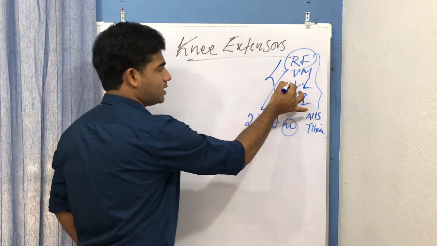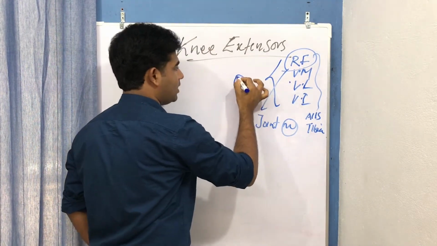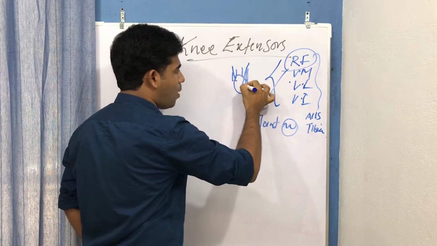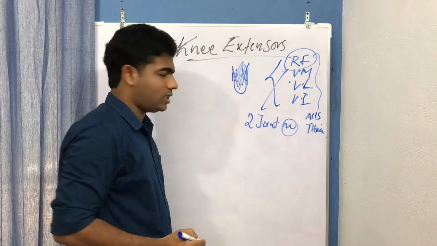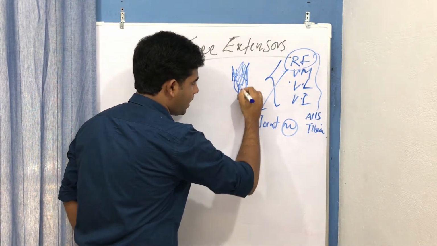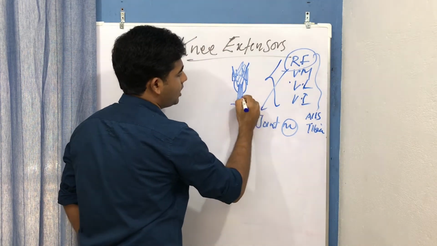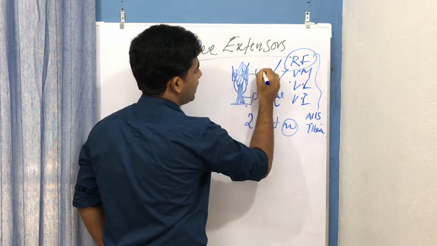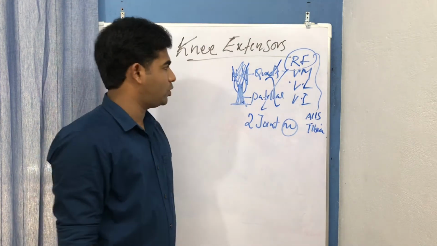All these muscles from their origin attach to the base of the patella and sides of the patella, and finally become a common tendon known as the quadriceps tendon. This tendon passes the patella and inserts into the tibial tuberosity as the patellar tendon. So the quadriceps tendon becomes the patellar tendon or patellar ligament.